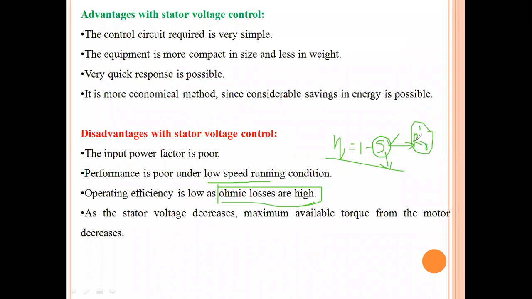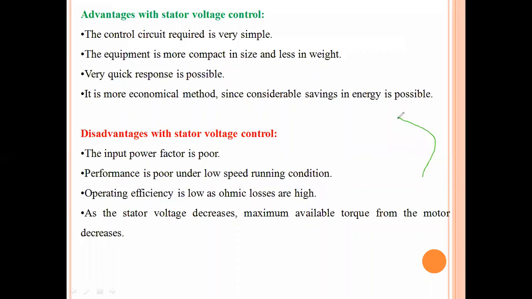And as the stator voltage decreases, the torque also decreases. This we have observed in the torque speed characteristics with different voltages. We have drawn the curves like this. So this is the maximum torque for this particular voltage. Suppose this voltage is V4 and this voltage is V1.